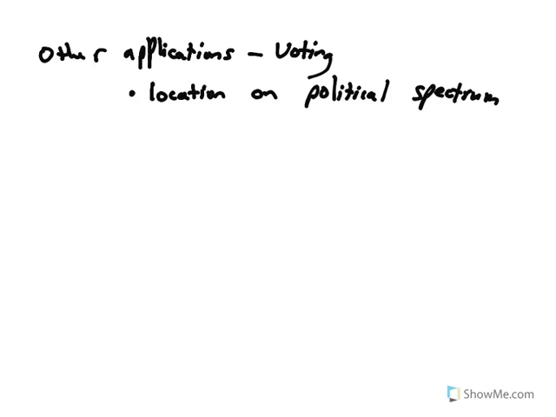And so from the idea of locating on an ideological spectrum, we have what we call the median voter theorem, which is that candidates always have to try to appeal to the median voter.